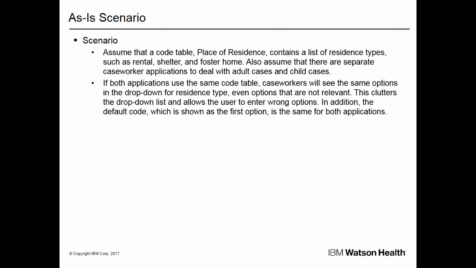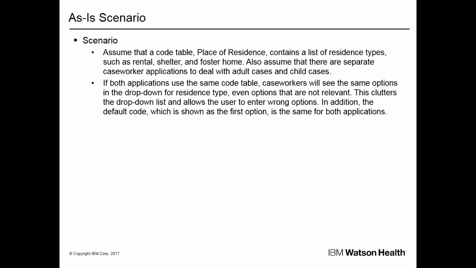Let's say that a code table, called Place of Residence, contains a list of residence types such as rental, shelter, and foster home. Assume that there are separate caseworker applications to deal with adult cases and child cases. If both applications use the same code table, caseworkers will see the same options in the drop-down for residence type.